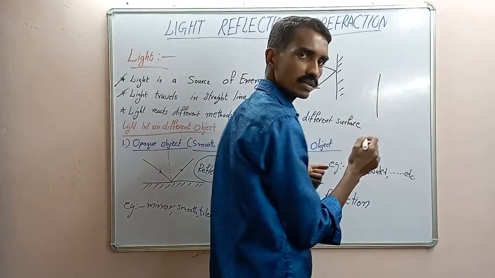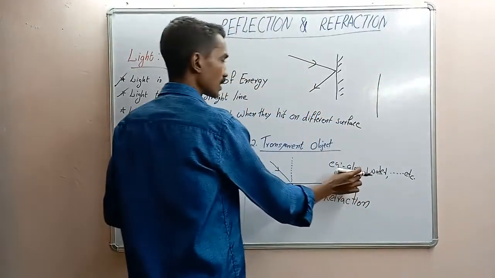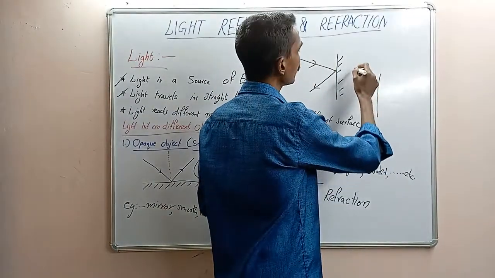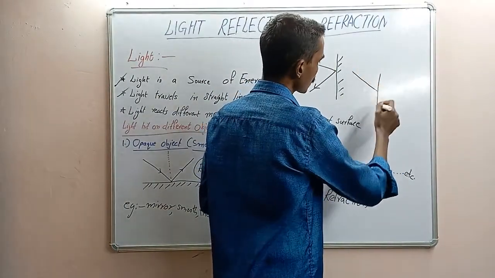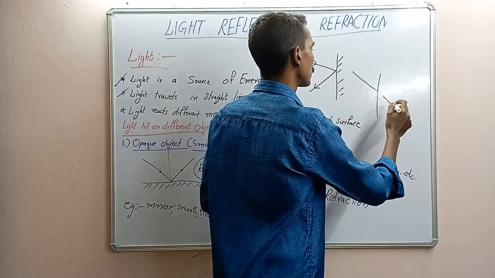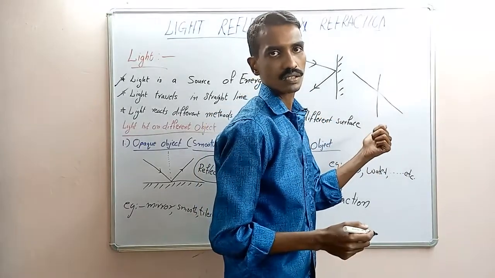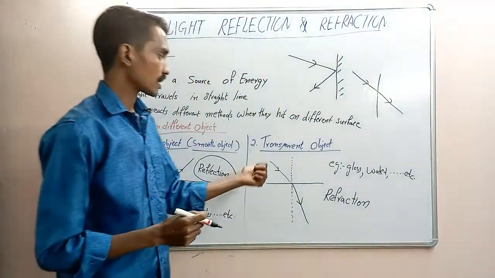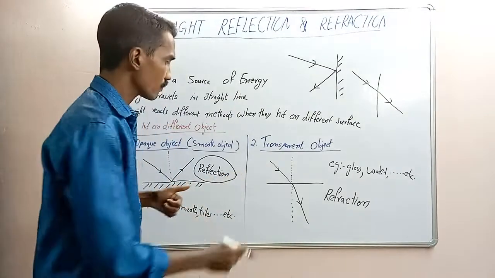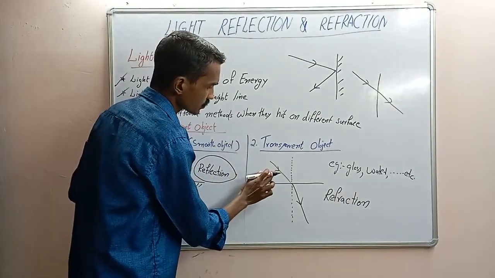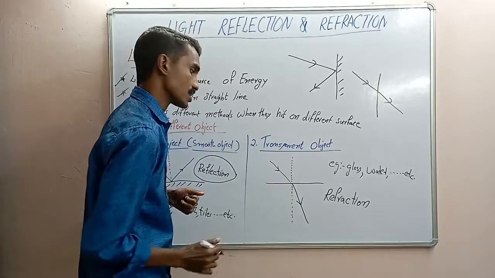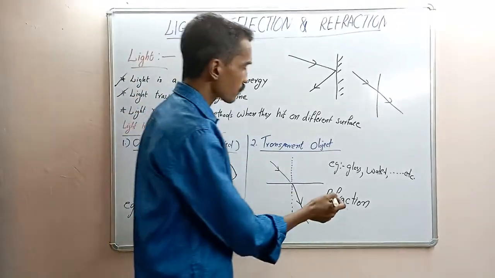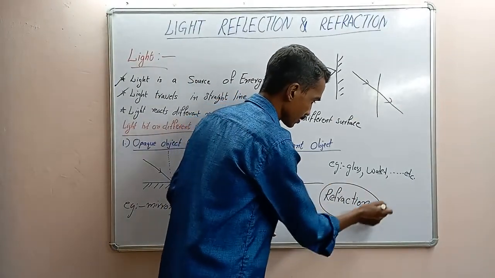In a film, some glass, water, and similar substances, the light enters that surface and goes through it. That type of surface is known as a transparent object or transparent surface. Whenever light enters a transparent object, it goes through that surface. This process is known as refraction.